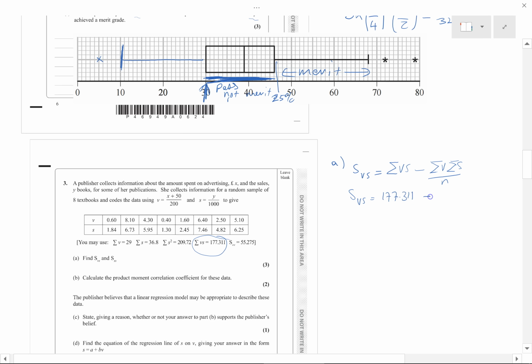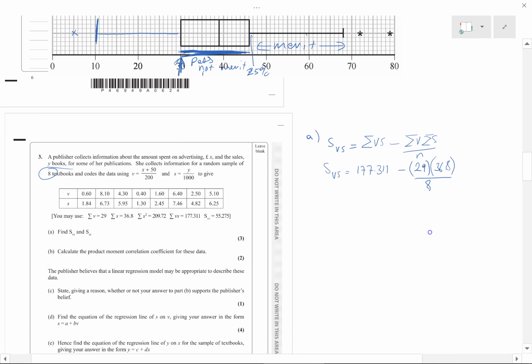177.311, take away sigma V, which is there. Obviously it's the same as the sum of these numbers, but you're saving your time by using the summary data. So that's 29 times sigma S, which is also given to us, which is 36.8, divided by the number of numbers, which is 8.